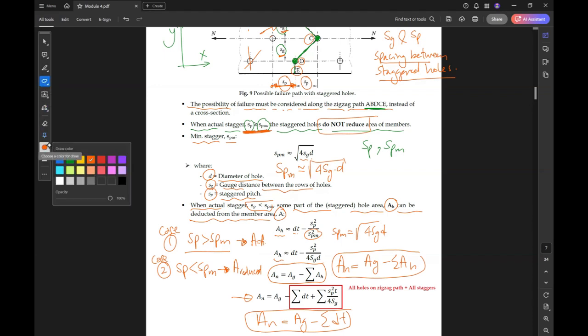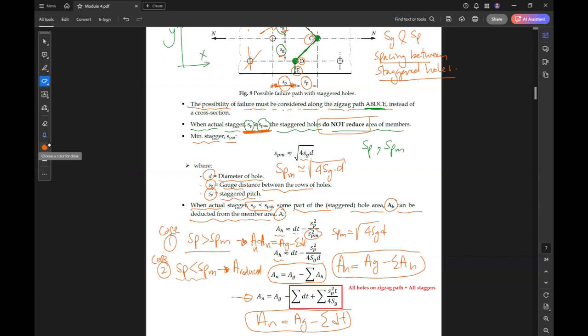when SB more than SBM, area net equal to the normal area net of the straight line, or the straight bolts, which equal to area gross minus summation dt, or minus the holes.